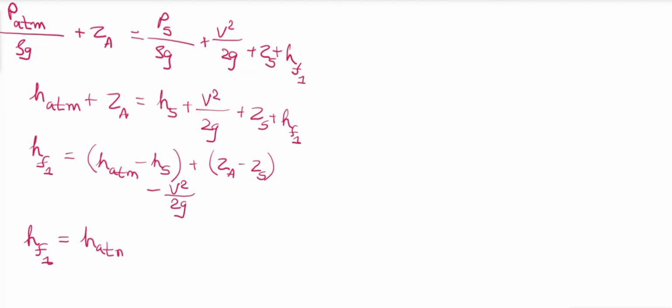So this will become H atmospheric minus HS minus, I'll take minus common, so that in the bracket I'll be left with ZS minus ZA, minus V square by 2g. Now I'll write here 4FL1 V square by 2gD.